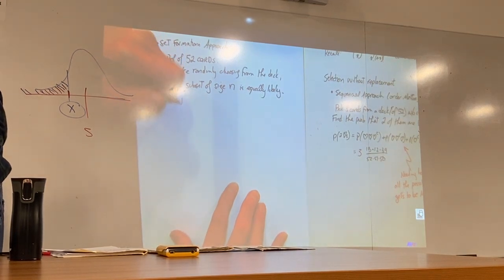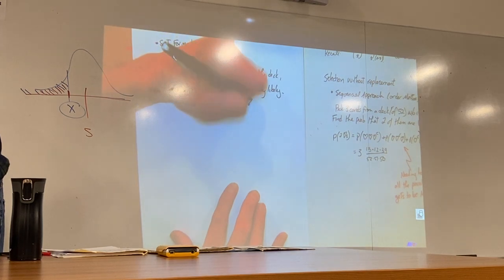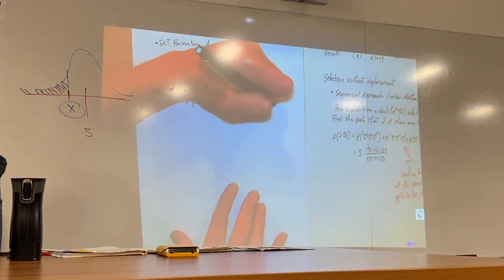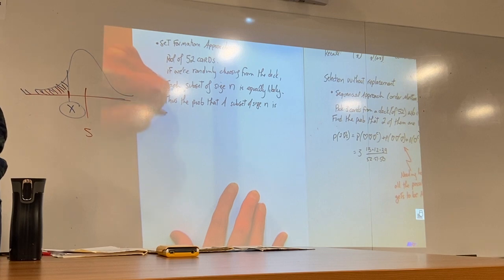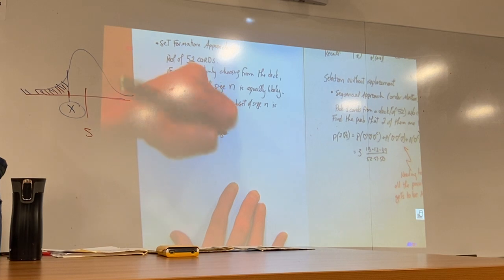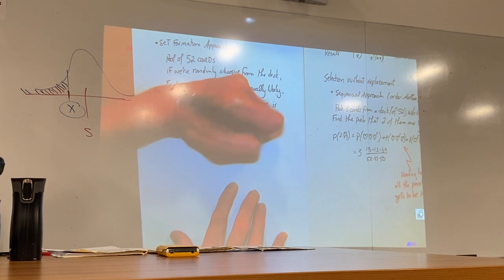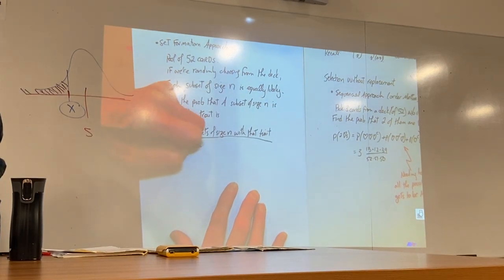Thus, the probability that a subset of size n has a particular trait is simply the number of subsets of size n with that trait divided by the total number of subsets of size n.